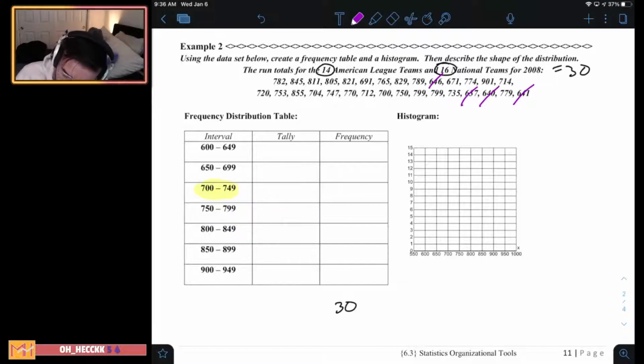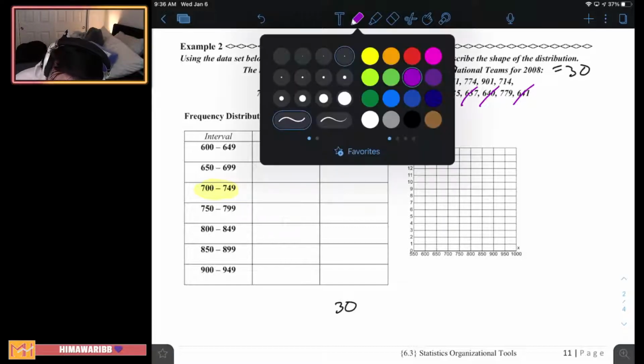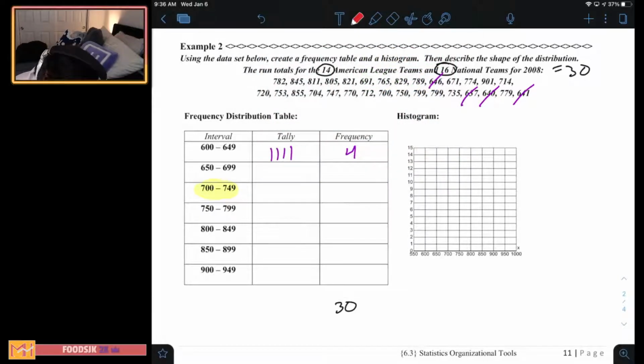Okay, so there were 4 numbers that are from 600 to 649. 650 to 699. 1, 2.